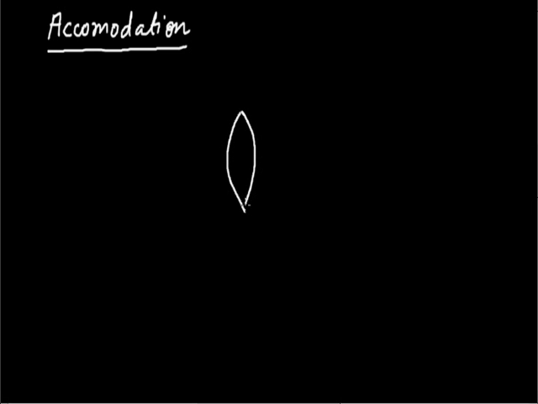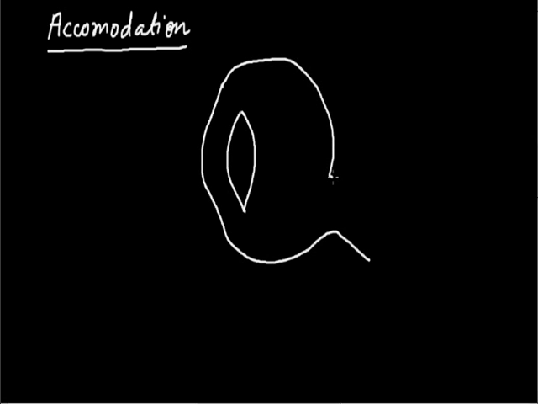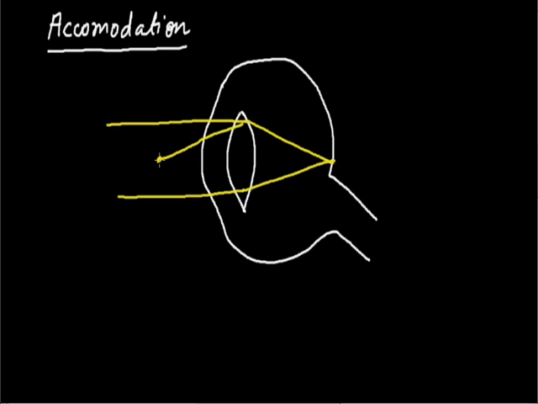See, this is the eye lens. Now, if the object is at infinity or at a very near distance, then we can see that the rays coming from infinity are focused on the retina, as well as the rays coming from a nearby point also focused at the retina.